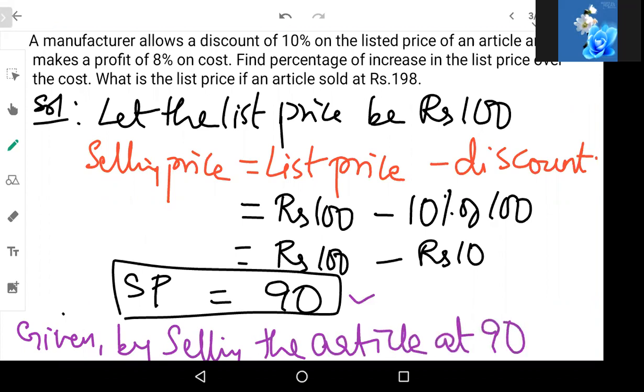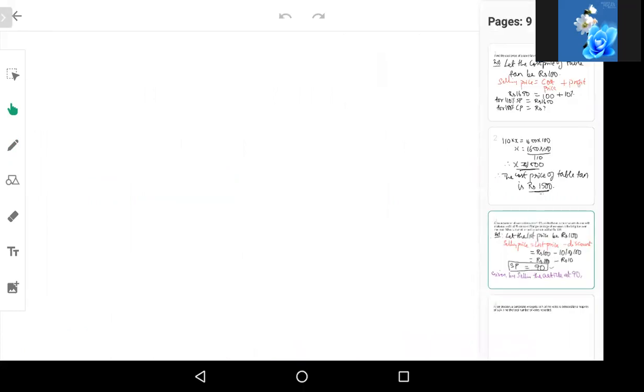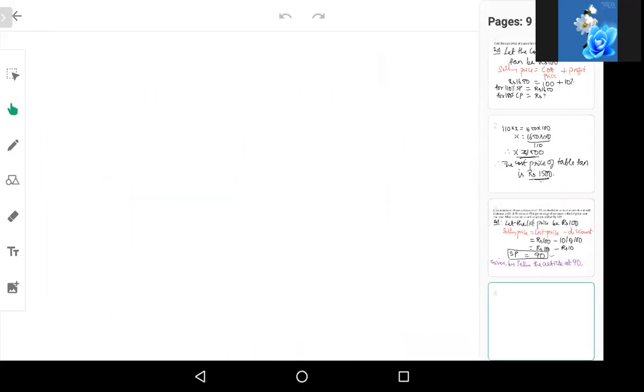Even if he's selling at 90 rupees, he's still making a profit of 8%. Even after giving a discount of 10%, he's making a profit of 8%.